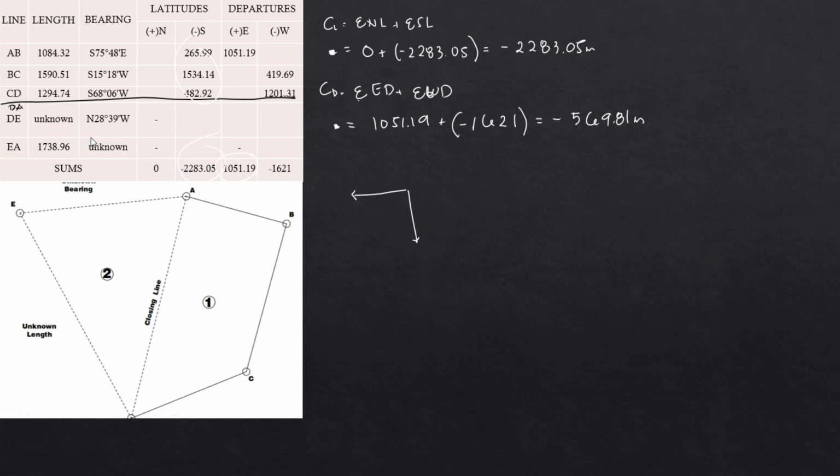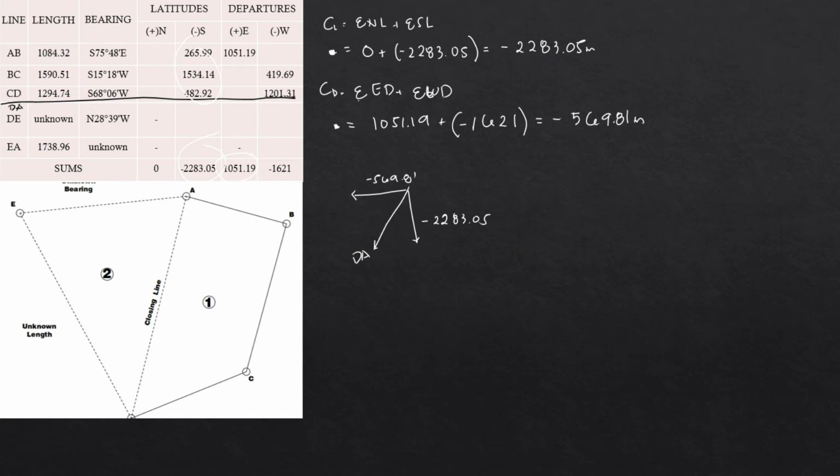Yung latitude natin is negative 2,283.05, then negative 569.81. So, makukuha na natin yung DA. Length ng DA natin sa kanang bearing.